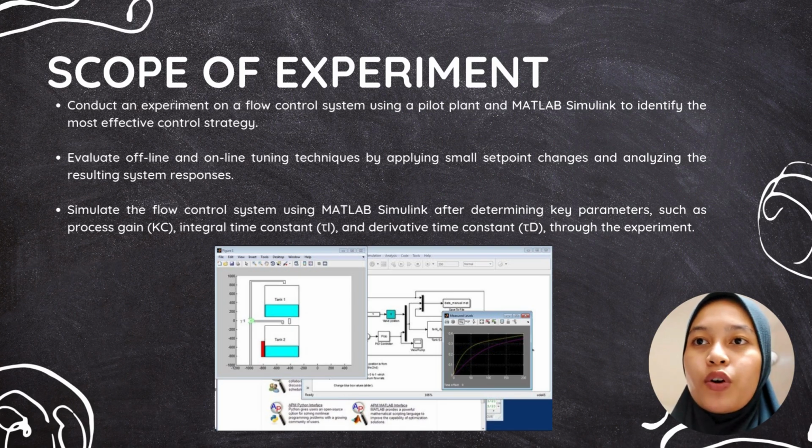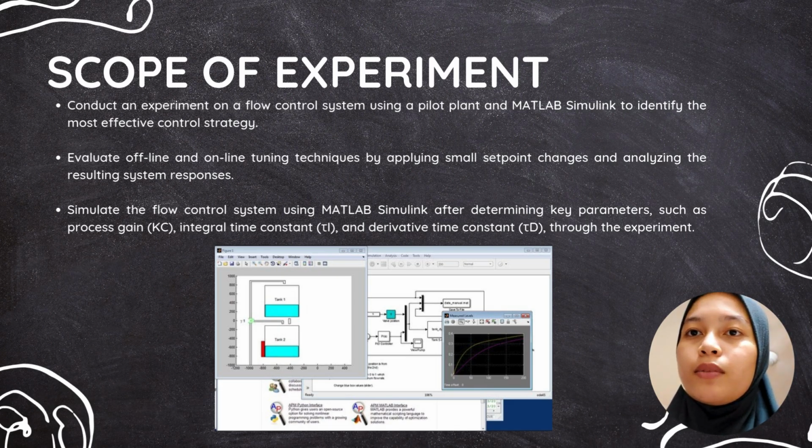For the scope, the first is to conduct an experiment on a flow control system using a pilot plant and MATLAB Simulink to identify the most effective control strategy. Second, to evaluate offline and online tuning techniques by applying small set point changes and analyzing the resulting system responses.